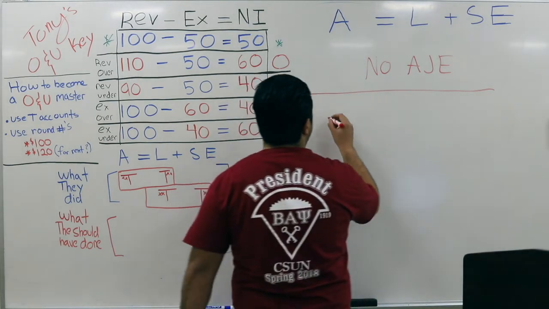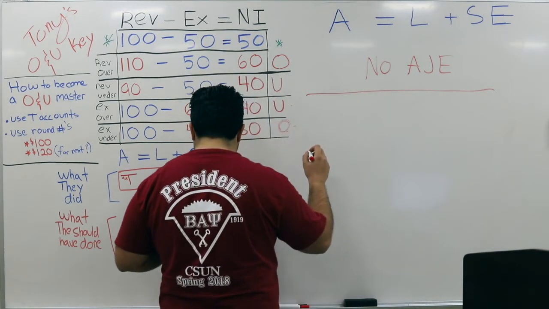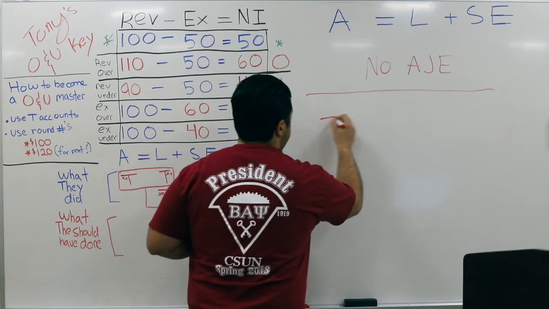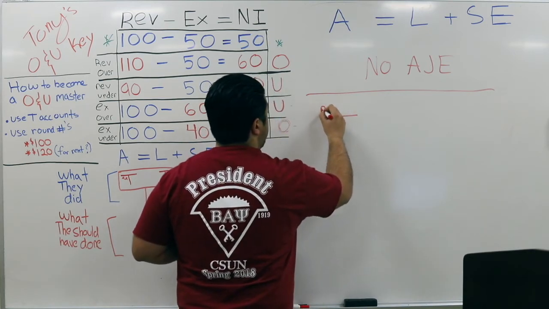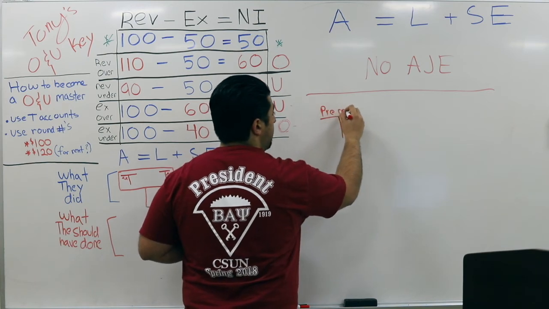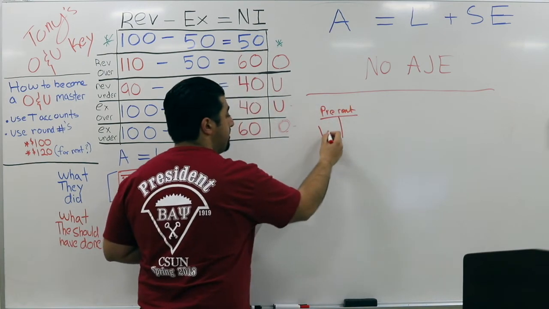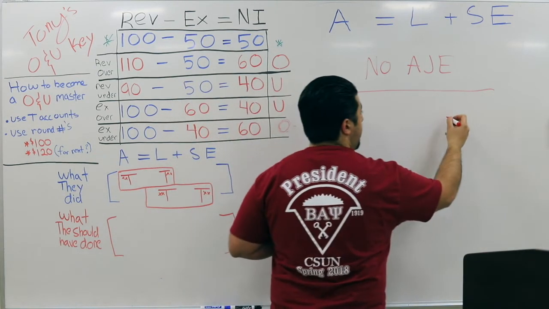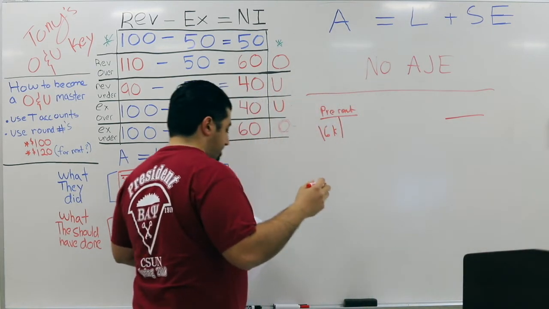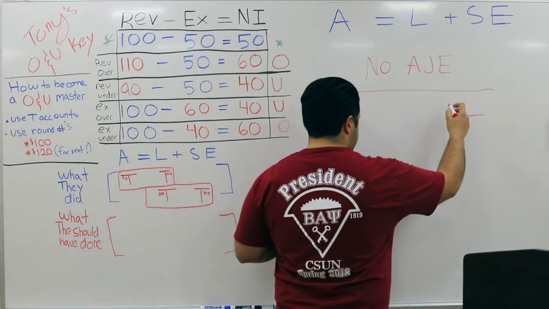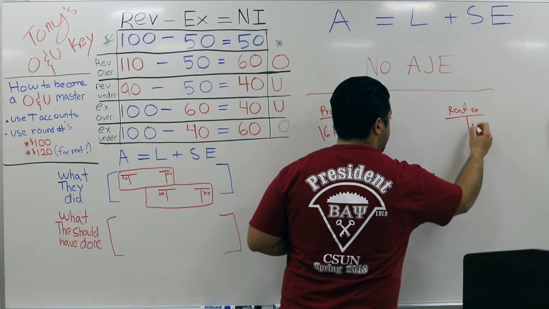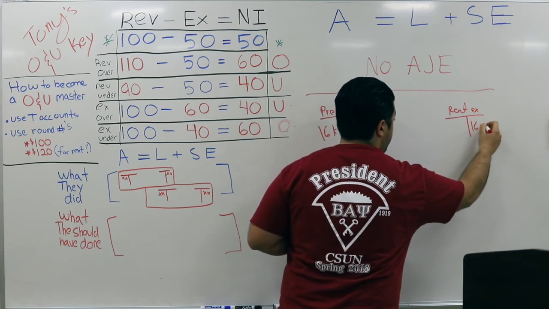So that means that they have $16,000 of rent left. So I'll go prepaid rent, 16K, and rent expense is being reduced by 16K.